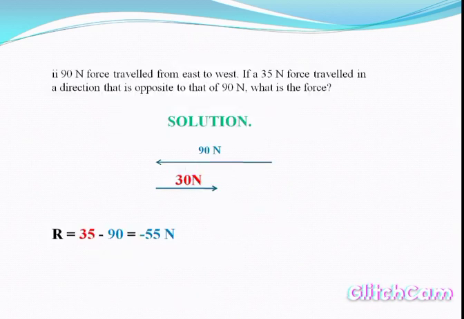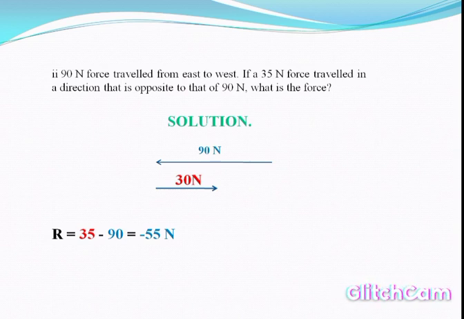Now, if we have a 90 Newton force traveling from east to west, and we have a 35 Newton force traveling in the direction that is also opposite to that of the 90 Newton force, the resultant force will be equal to 35 minus 90, because we assign a negative sign for the force that moves in the left direction or the western direction, and we assign positive for the 35 Newton force, which is going from left to right.